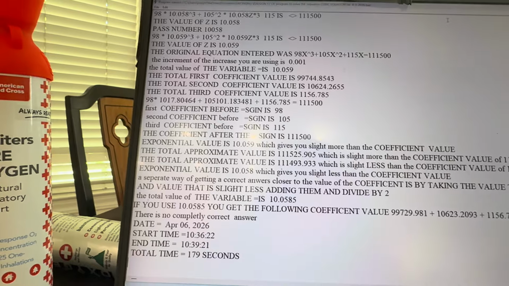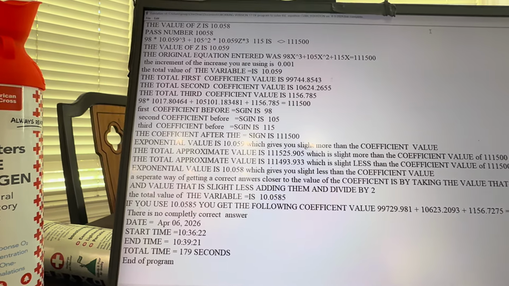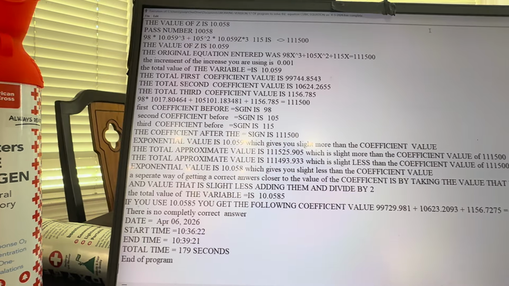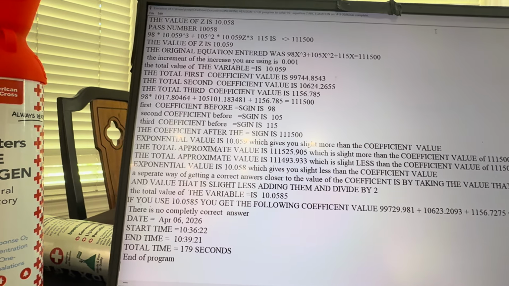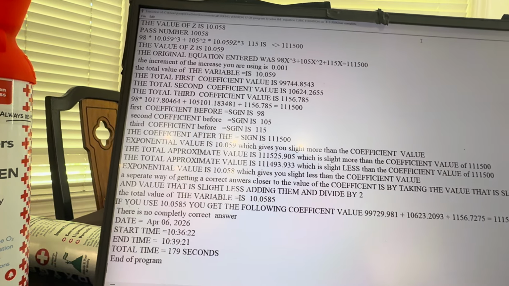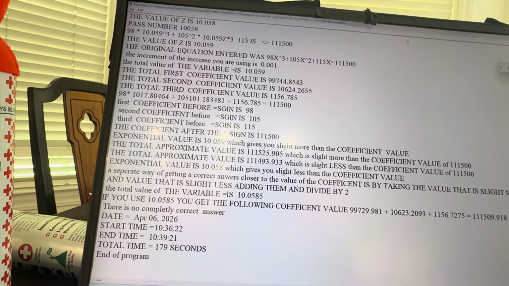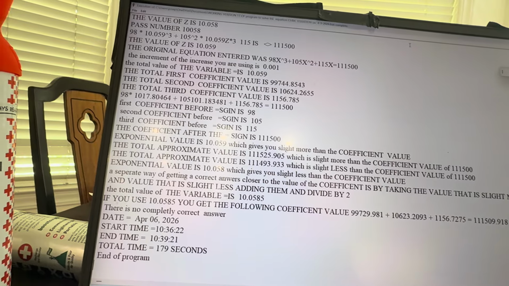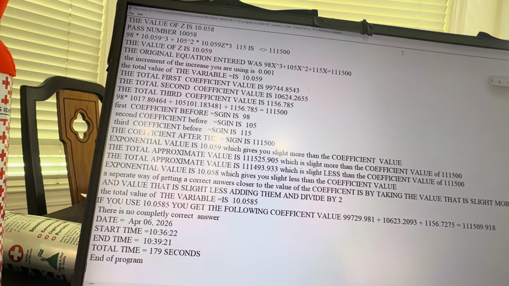If you have 10.059, it gives you a coefficient value of slightly more, 111,525.905.